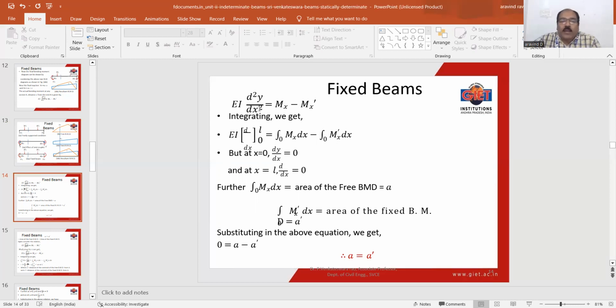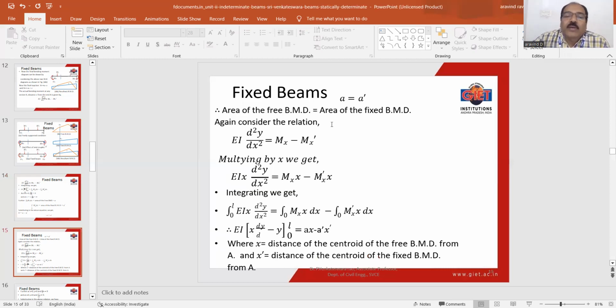By integrating the above equation and by substituting the appropriate boundary conditions, we can generate this equation: A is equal to A dash, where A is the area of the bending moment diagram due to external loads only, and A dash is the area of the bending moment diagram due to fixed end moments. This is one equation required to analyze the fixed beams.